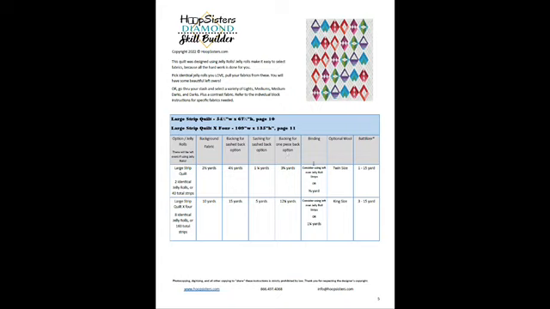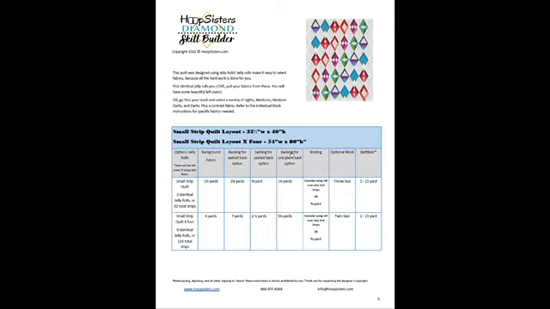Of course, we did use the scraps from our jelly rolls, optional wool and battleizer. Same thing with the small strip quilt layout, or the small strip quilt layout times 4. So you get a much bigger quilt, same fabric yardages right here for your small quilt layout.